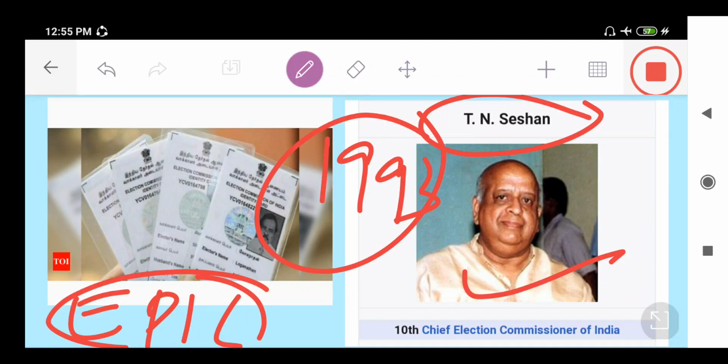Although certain identity proofs are also challengeable, like the driving license or the ration cards, this is the more perfect one with which we can cast the votes and exercise our political rights. That's your fundamental right, the political right, to cast your vote as per your own will and your own interest.